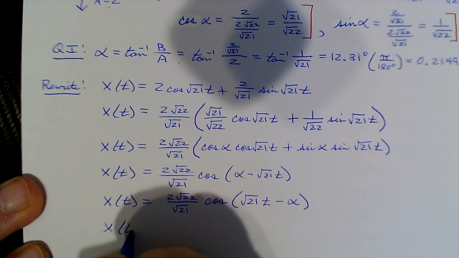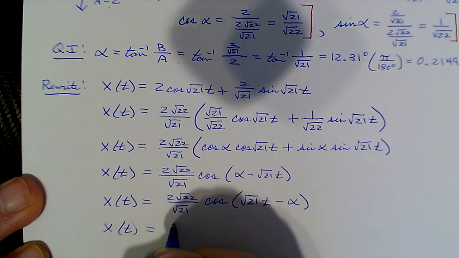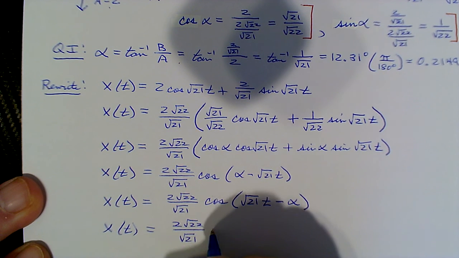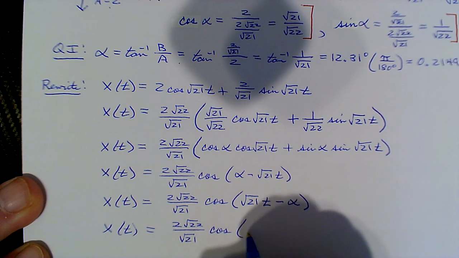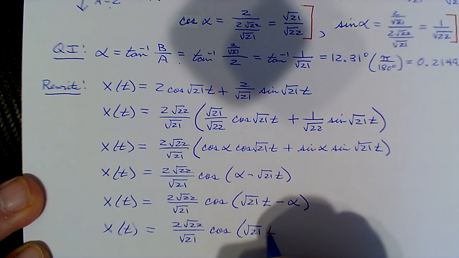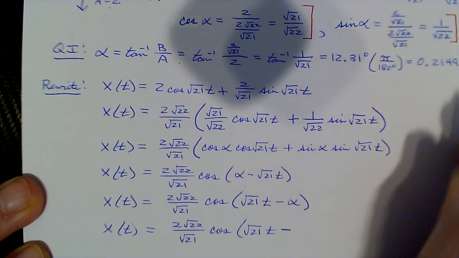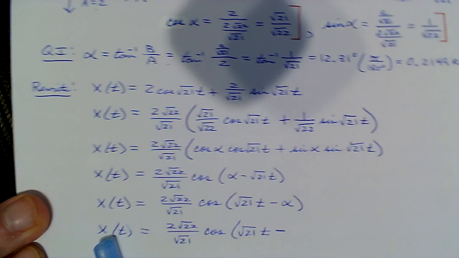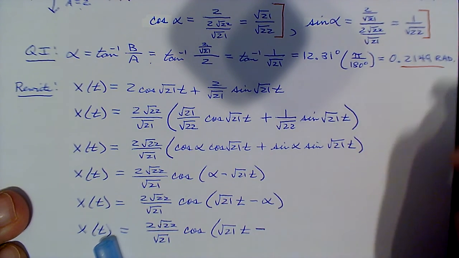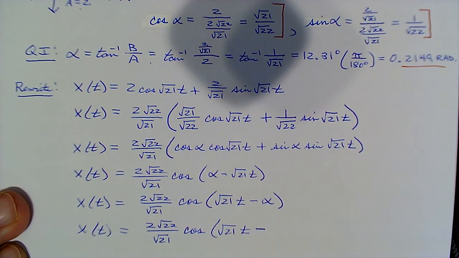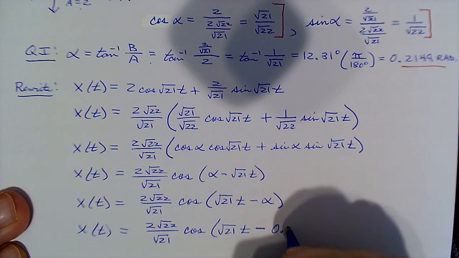And then finally, we could replace alpha. So we get the desired form. And alpha again has to be in terms of radians. And that was what we calculated up here. So the 0.2149.